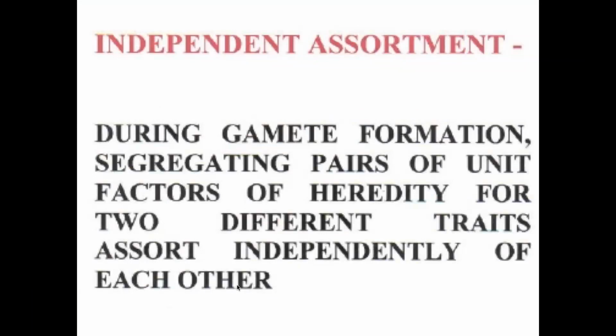What he concluded was that during gamete formation, segregating pairs of unit factors of heredity for two different traits, the alleles that exist for those two different genes, assort independently of each other into the different gametes that are formed during gamete formation.